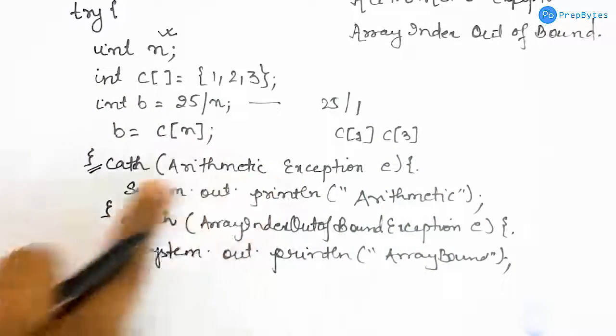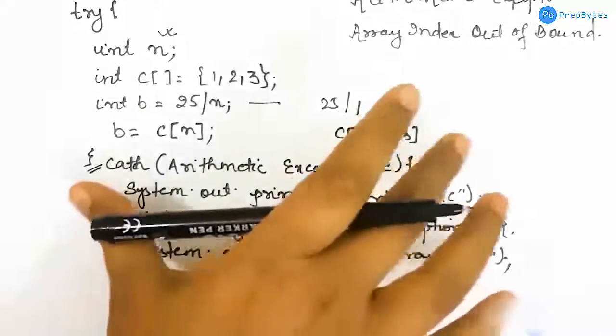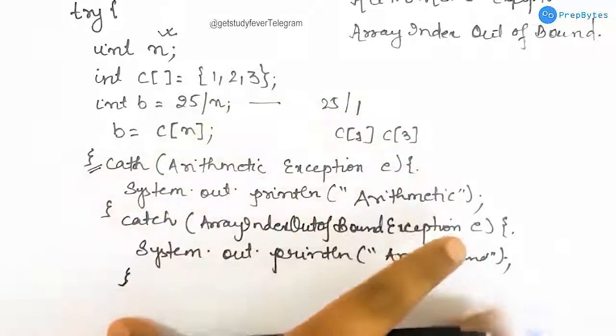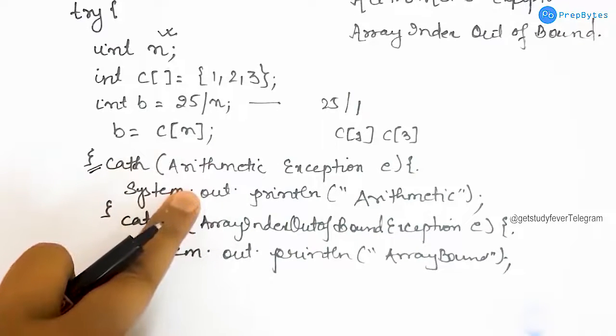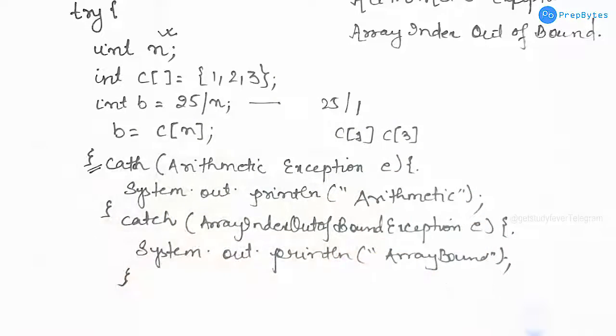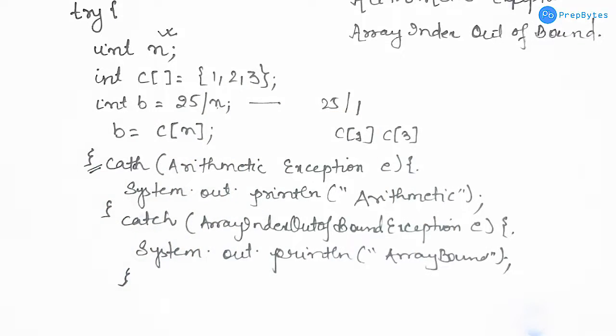It gets a match, whatever is there in the catch block gets executed, and the rest of the catch blocks are skipped. So once there is a match, the rest of the catch blocks are skipped. So if n is equal to 0, this catch block gets executed.